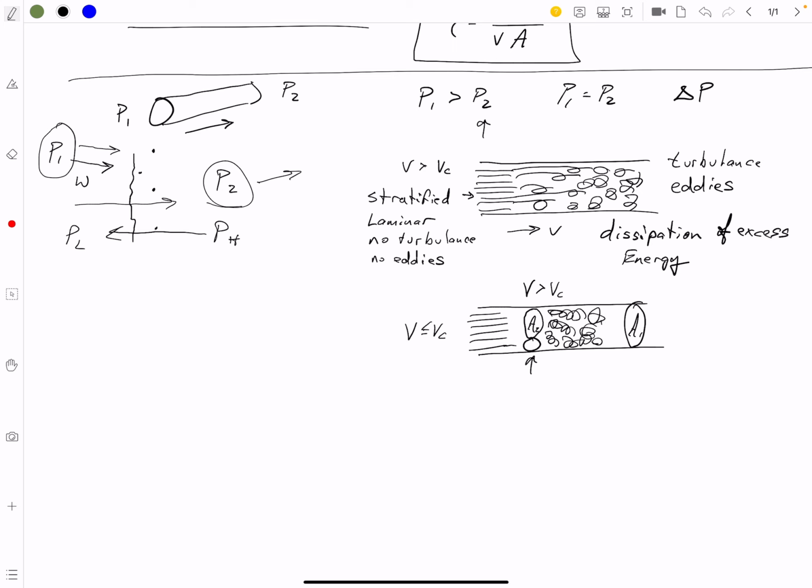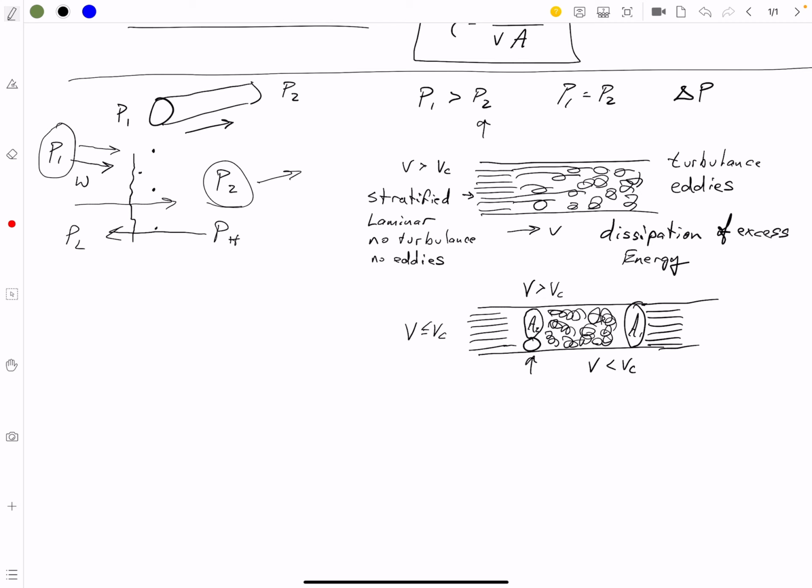Next thing you know, you've got a situation like this. Now, it could turn out that once the velocity slows down again, it gets to a point where it's less than VC, and that's great, and it'll return to laminar flow if it's allowed to slow down.